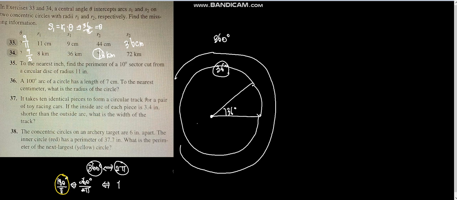Because it's a track for a pair of toy racing cars. If the inside arc of each piece is 3.4 inches shorter than the outside arc.